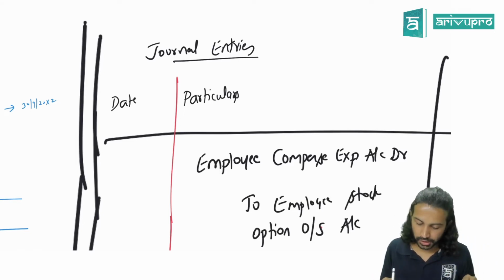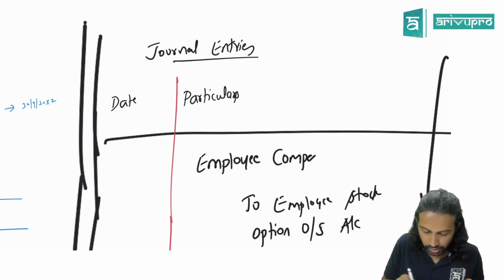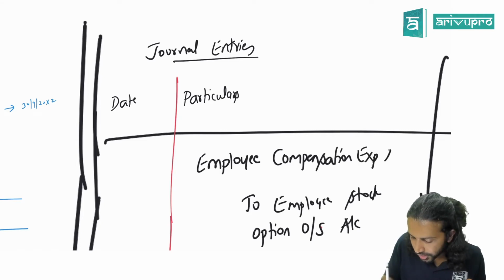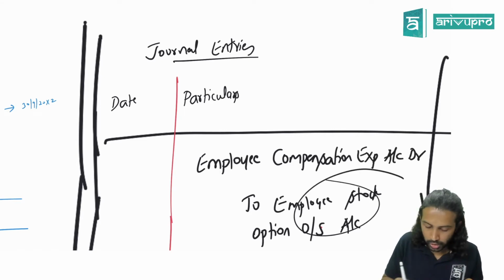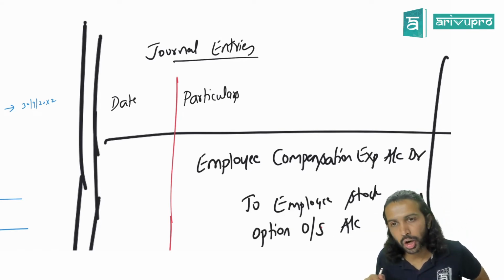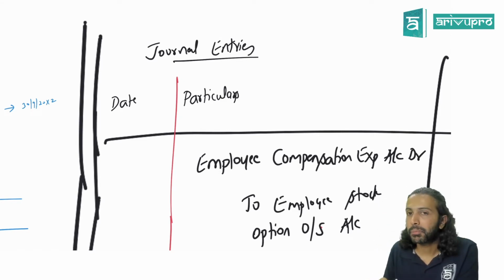Employee compensation expense account debit to employee stock option outstanding account. This is a dummy account. The name of the dummy is employee stock option outstanding, or you can also write ESOP outstanding account.